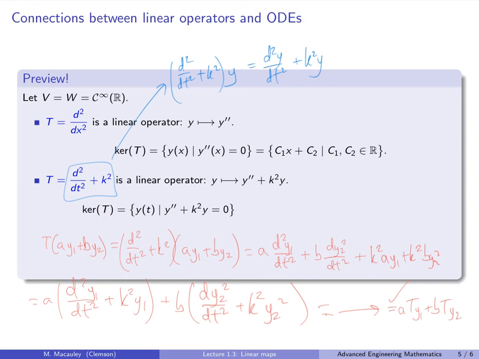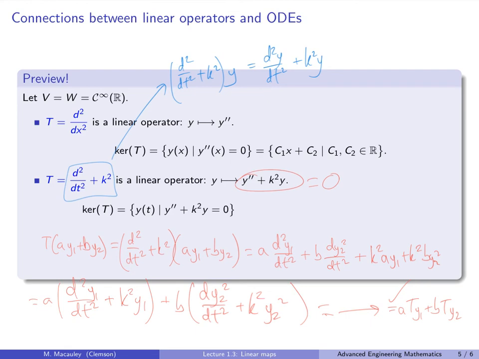The kernel of this map is all of these y of t's that get mapped to 0. Now what does it mean to get mapped to 0? That means that y double prime plus k squared y equals 0. Now look at this. What is that? This is a second order differential equation, a second order linear differential equation.